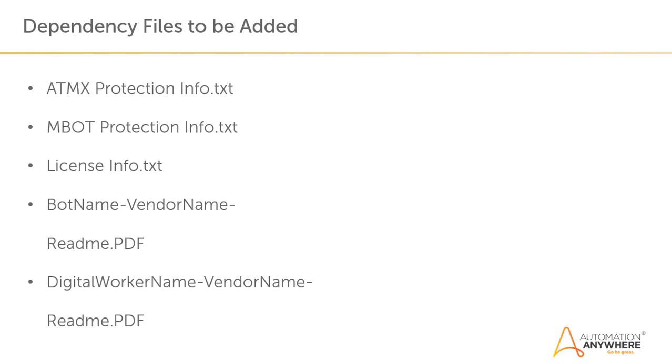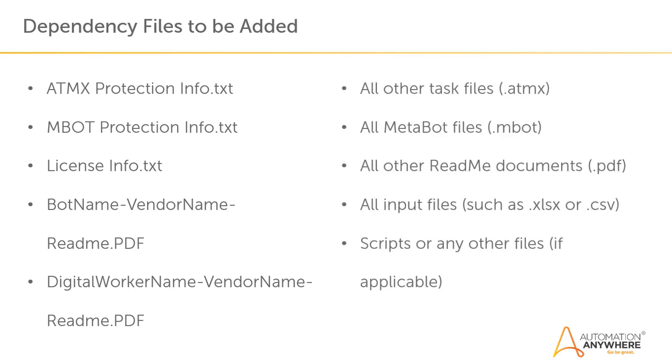License info.txt that should contain the global ID. Bot name hyphen vendor name hyphen readme.pdf if you are submitting a bot. If you are submitting a digital worker, then the readme file name will be digital worker name hyphen vendor name hyphen readme.pdf.